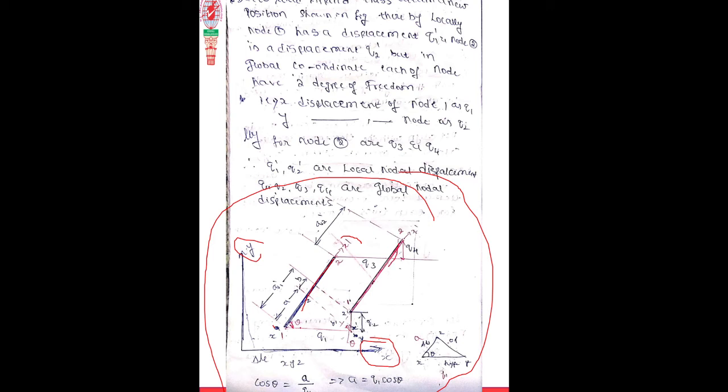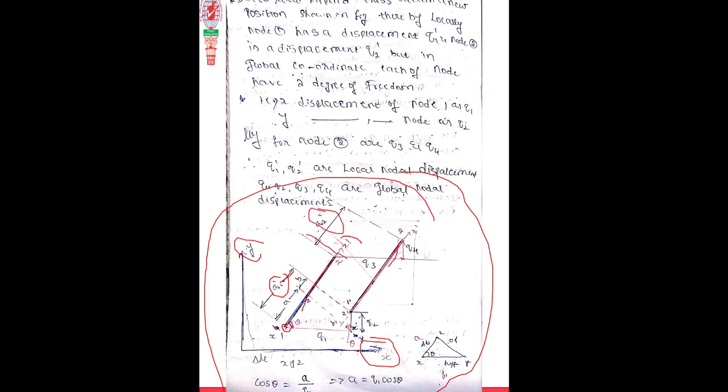Therefore, node 1 takes a displacement with respect to the local coordinate system, initially here and finally coming here, so it is q1 dash. Similarly, node 2 takes a displacement from here to here, which is q2 dash.